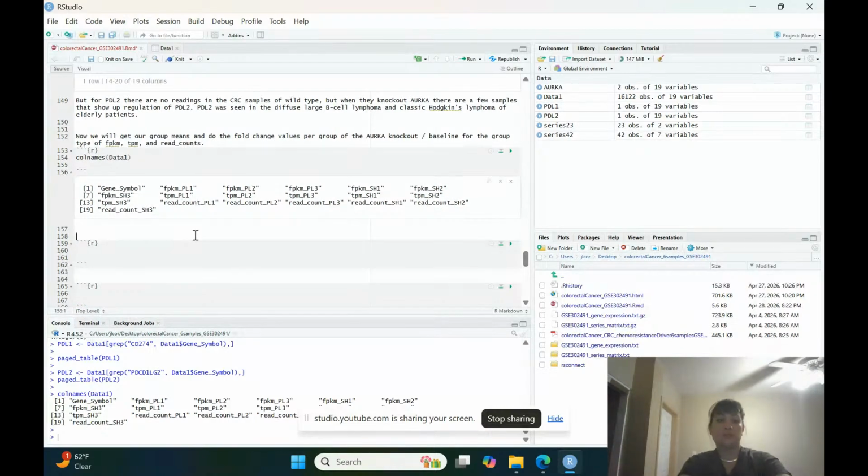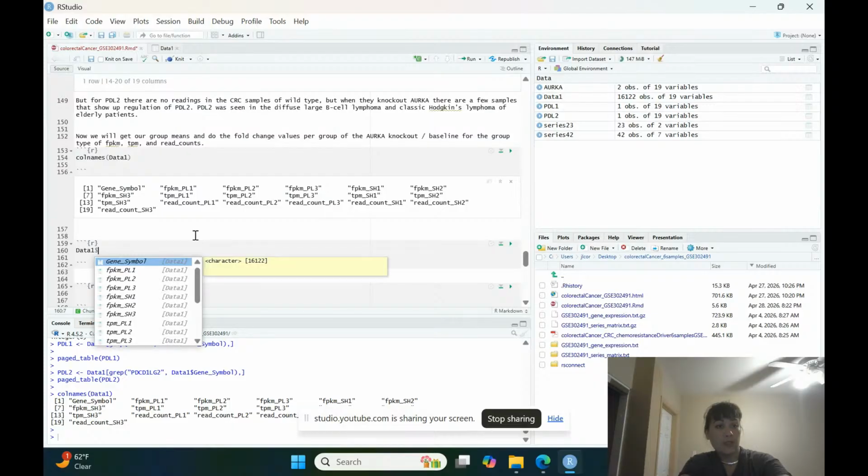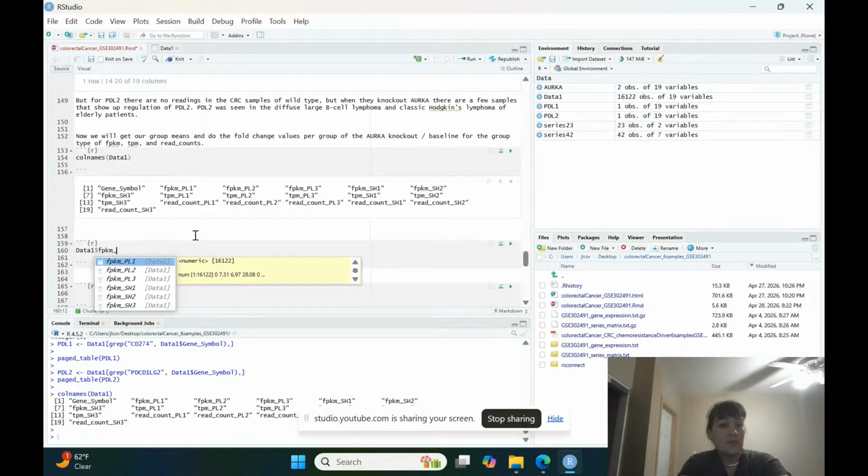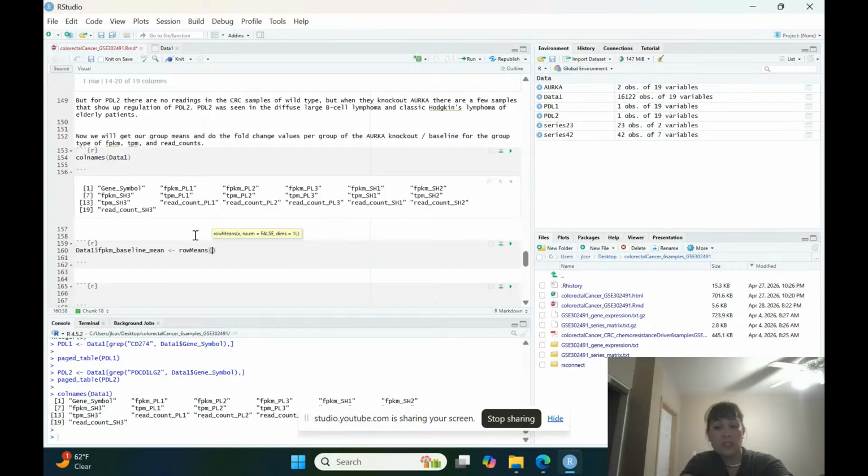So let's do that. Here we go. So we're just going to add it to this data. FPKM baseline mean average. This is going to be the row means of data 1, columns 2 through 4.